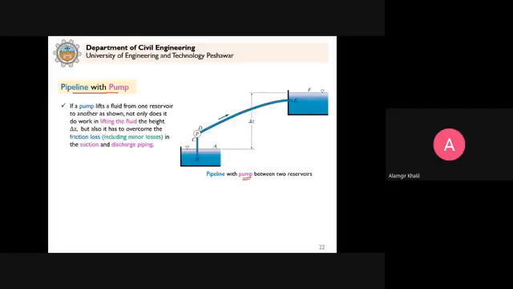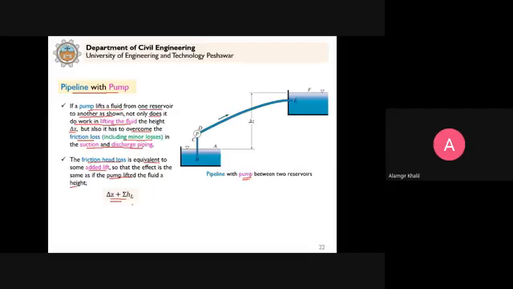So if a pump lifts a fluid from one reservoir to another as shown, not only does it do work in lifting the fluid height delta Z, but also it has to overcome the friction loss, including the minor losses in suction and discharge piping. So the friction head loss is equivalent to some added lift, so that the effect is the same as if the pump lifted the fluid this much height.